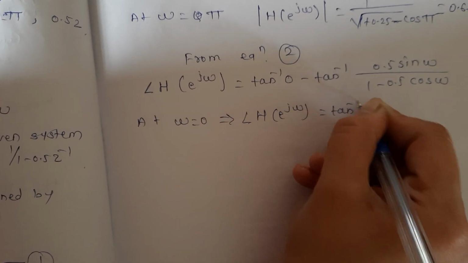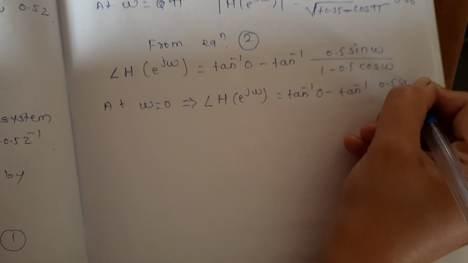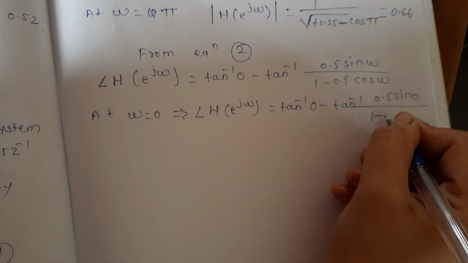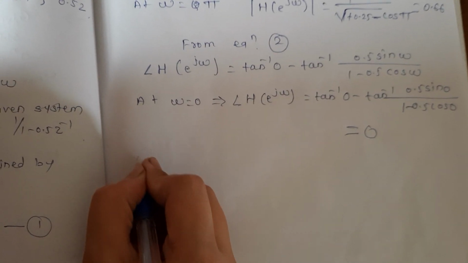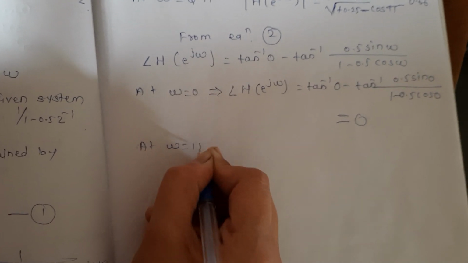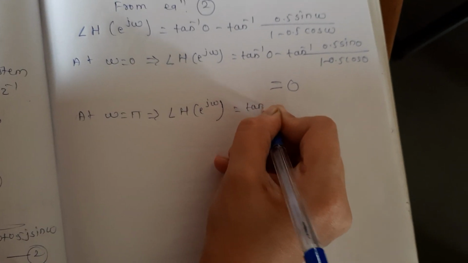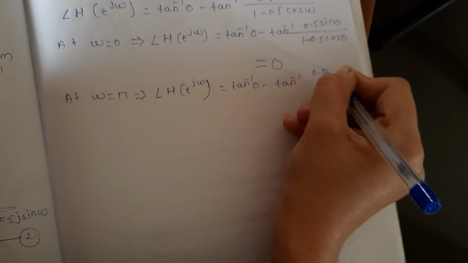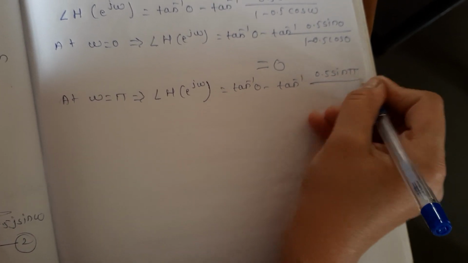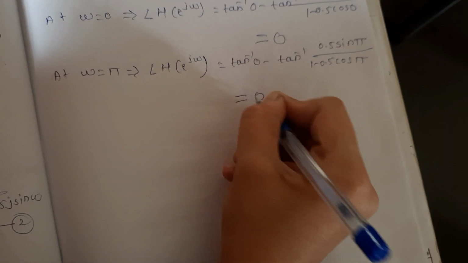It is tan inverse of 1 minus 0.5 cos of 0. So this value is 0, and at omega is equal to pi, this angle is tan inverse of... so this value is also 0.